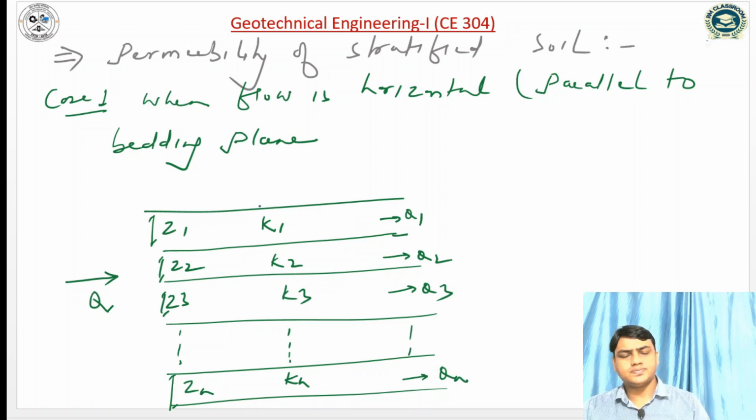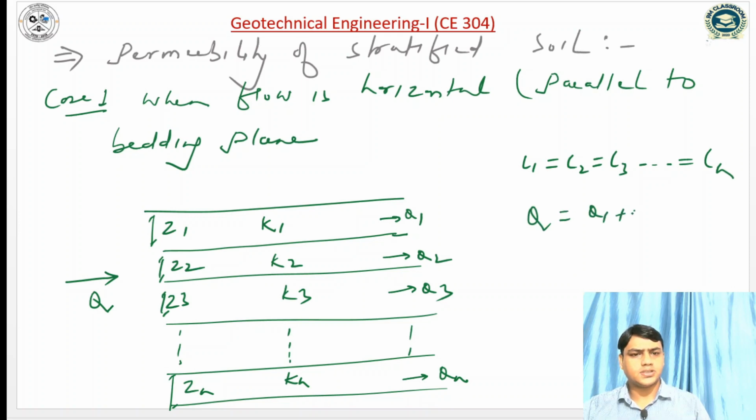So we can write I1 is equal to I2 is equal to I3 is equal to In, and Q is equal to Q1 plus Q2 plus Q3 plus Qn. I1, I2, I3, In is the hydraulic gradient.